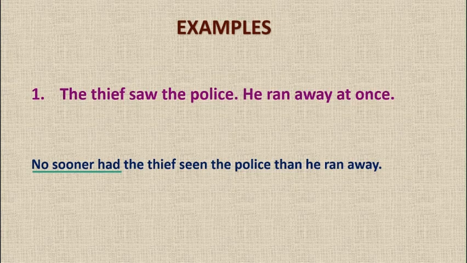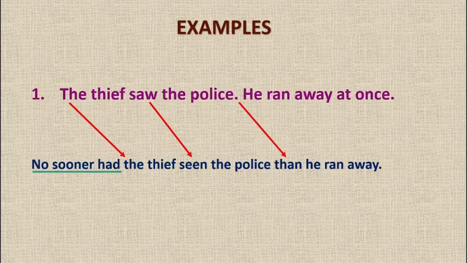Then we changed this capital T into small t. Then I changed saw into seen. Saw is V2. So we changed V2 into V3 because the verb form after had should be V3. Then we removed the full stop, and in place of that full stop, we wrote than.